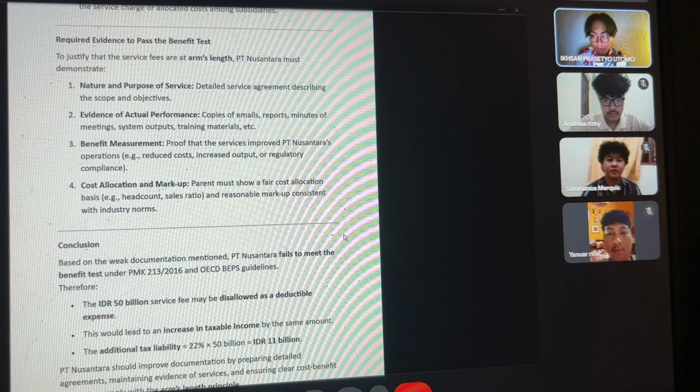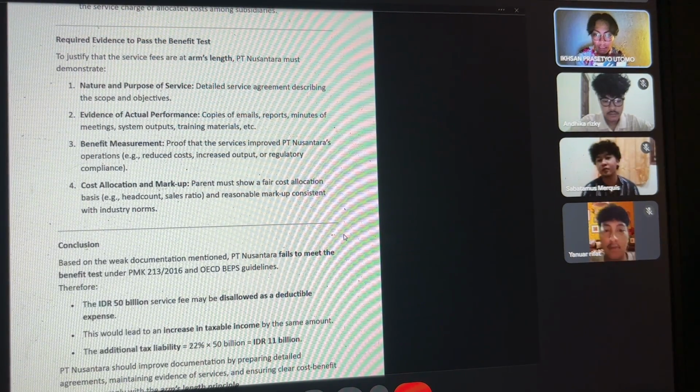And then for number four, cost allocation and markup, the parent must show a fair cost allocation basis, headcount and sales ratio, and a reasonable markup consistent with industry norms.